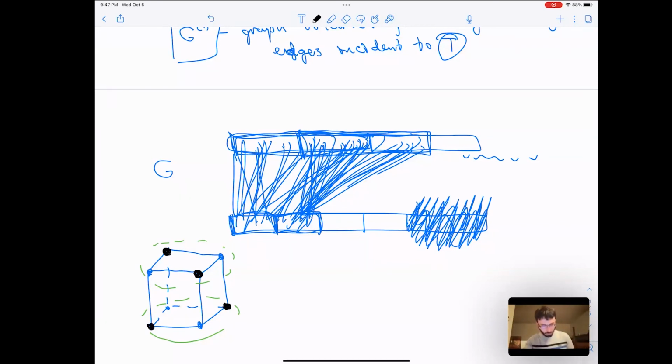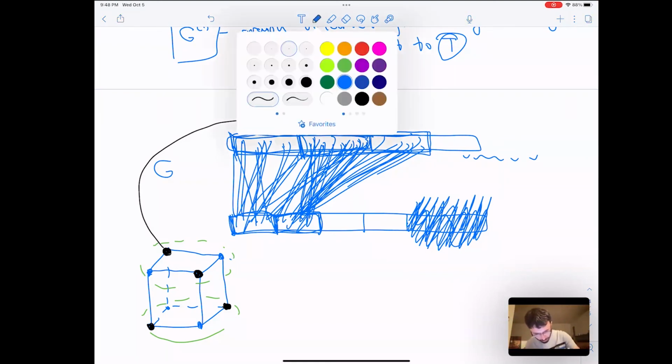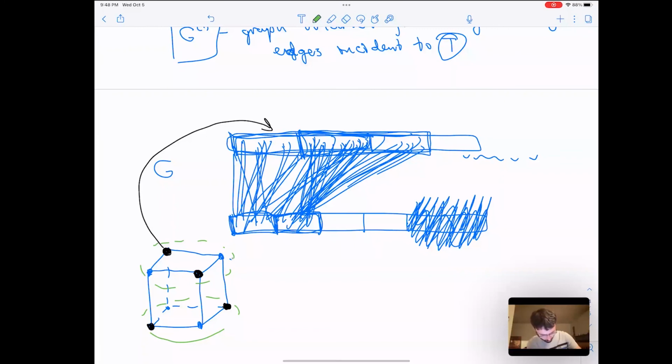So these four vertices colored black, I want to embed into the upper part of G. And the remaining four blue vertices, I'm going to embed into the lower part of G. So imagine that I'm embedding the upper facet, this one, into the first block, and the lower facet into the second block.